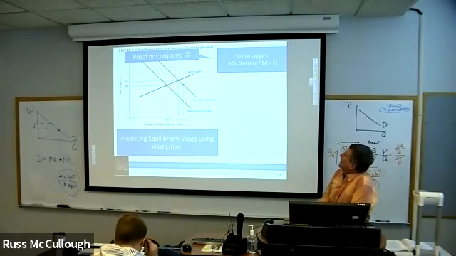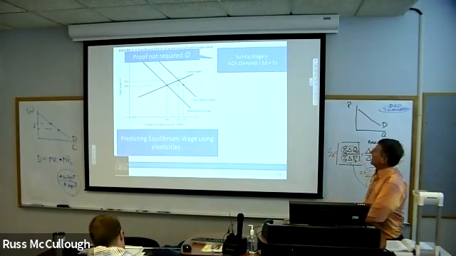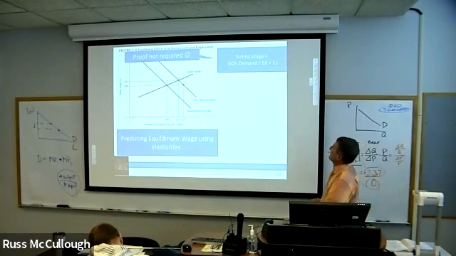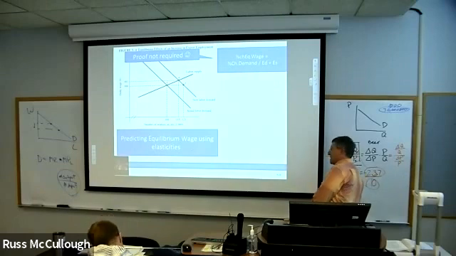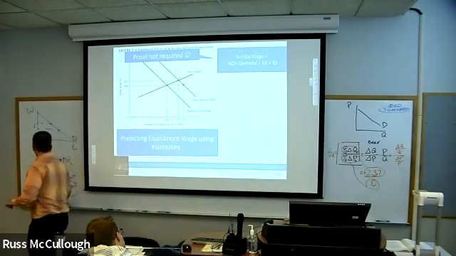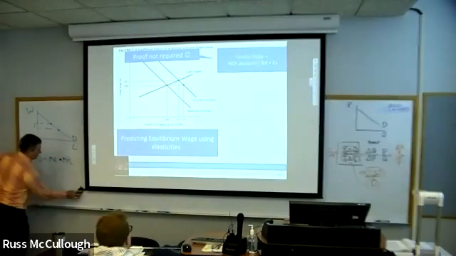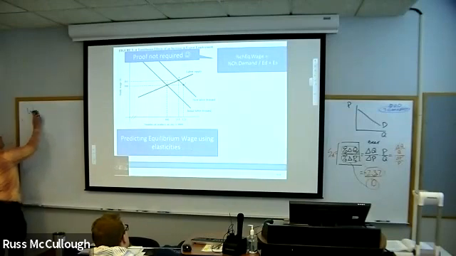You guys in intermediate did a little bit of this before: the percentage change in the equilibrium wage is equal to the percentage change in the demand divided by the elasticity of demand plus the elasticity of supply. So write that formula down. That'll definitely be on your homework problems.